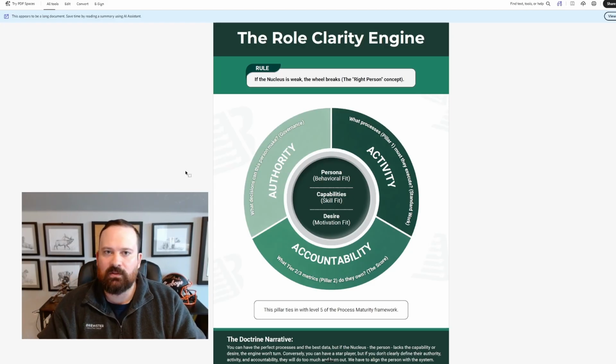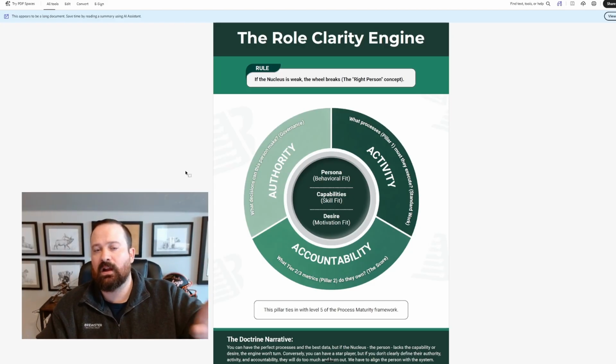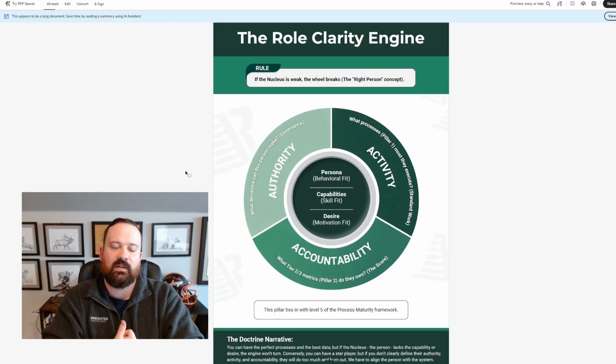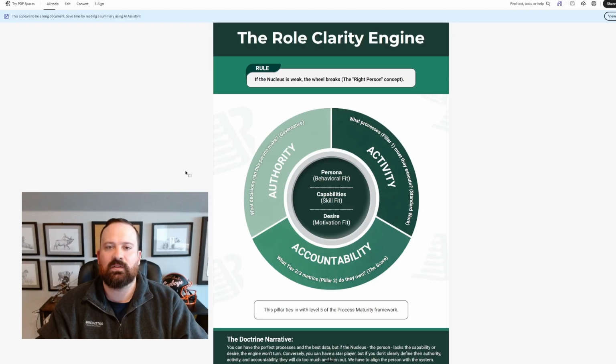Number 2 is accountability. We talked about KPIs and hierarchical data structure in the first 2 pillars. So it's important to understand that you have to have accountability to make sure that the role clarity engine works effectively. And accountability means we know how success is measured. We know what our KPIs are. So this individual knows how they're going to be scored on performance.